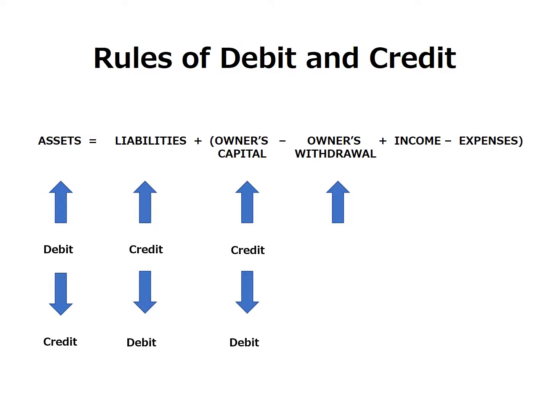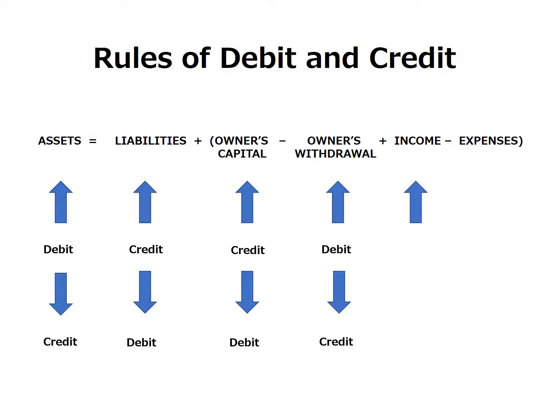If owner's withdrawal is increased, we debit owner's withdrawal. If owner's withdrawal is decreased, we credit owner's withdrawal. So it is similar to how we use debit and credit for assets.